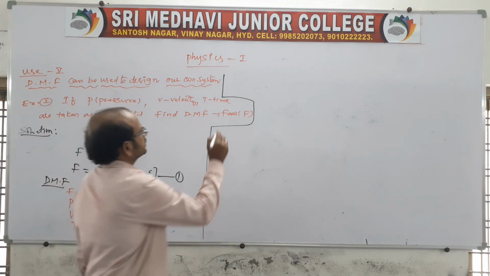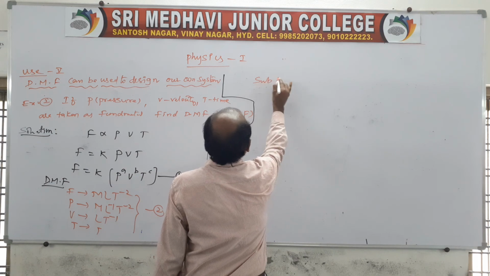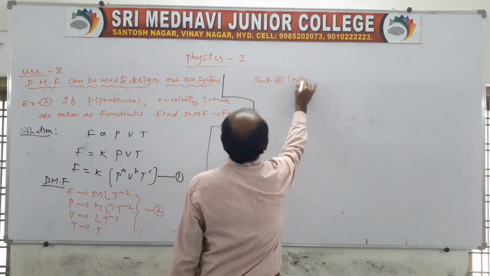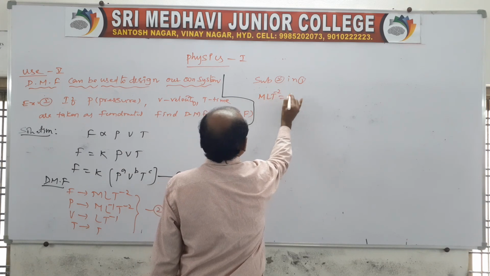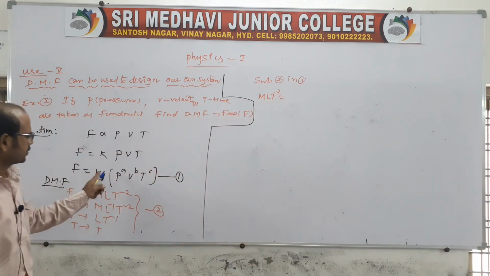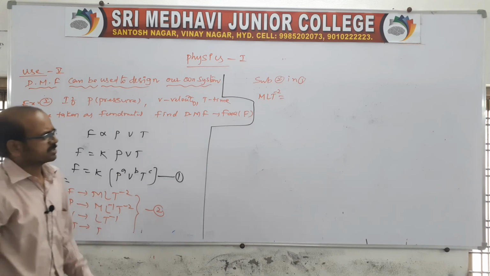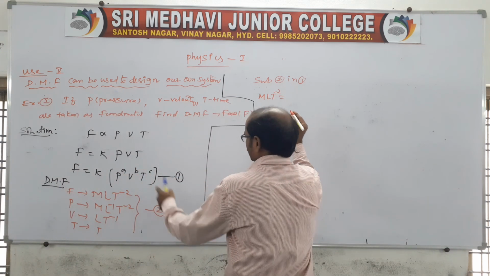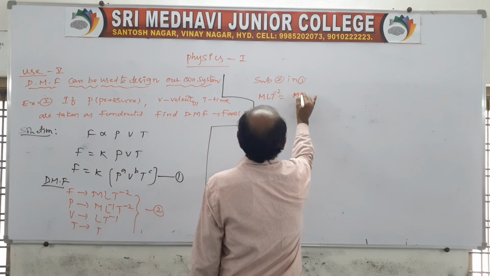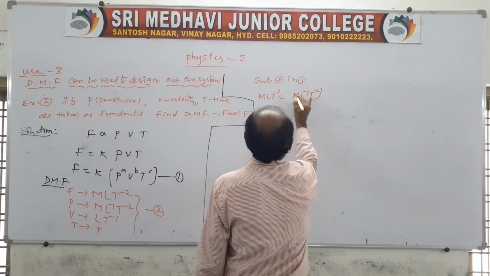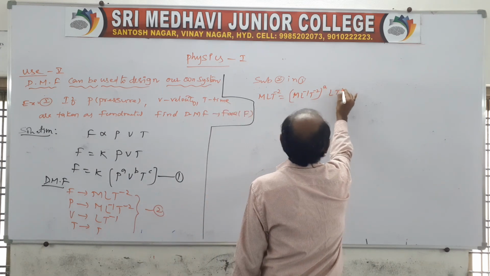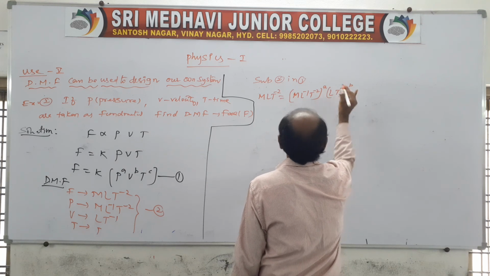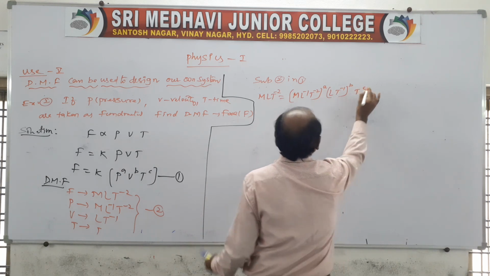So M L T^-2 is equal to, the constant has no dimension so you leave it, and the remaining: pressure, that is M L^-1 T^-2 whole power A, velocity L T^-1 power B, and time T power C.